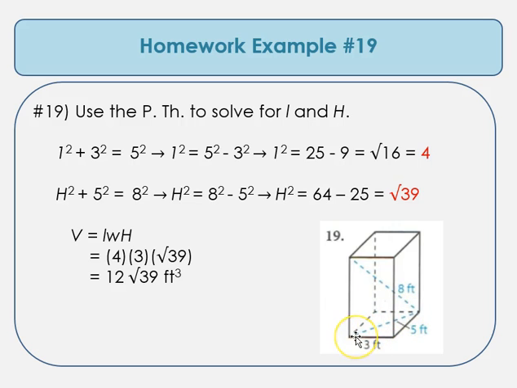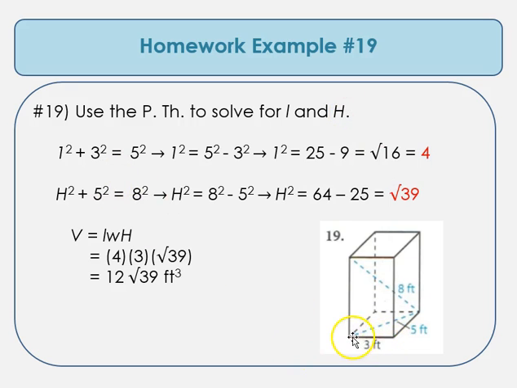One is a diagonal of the base, and another one is a diagonal inside of this prism. So we're going to solve first for this base because we need the pieces to be able to solve for the slant height and the height.